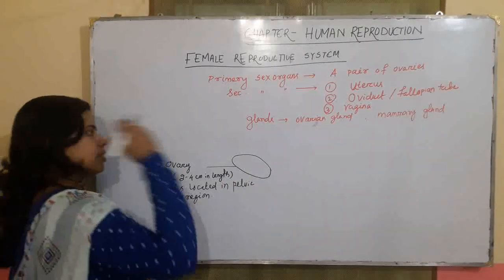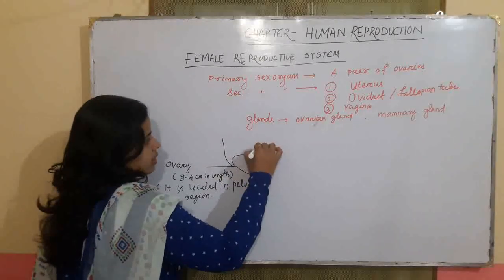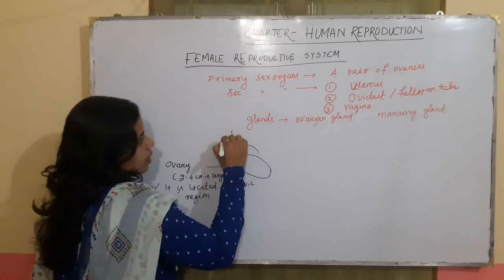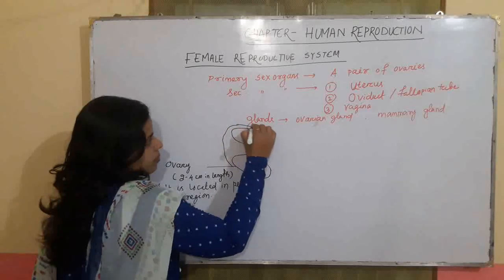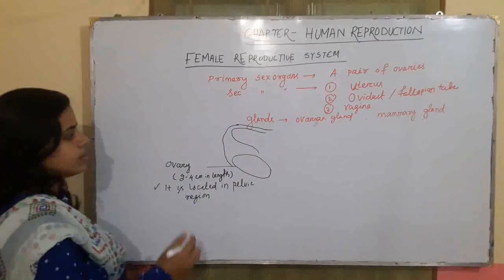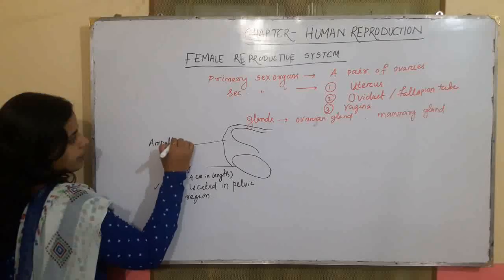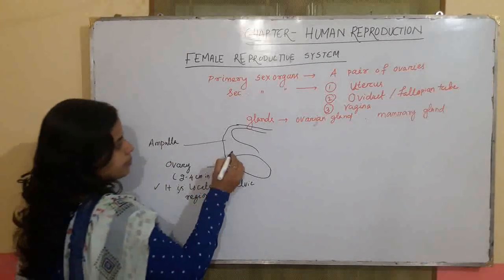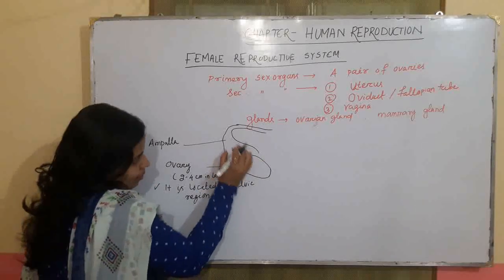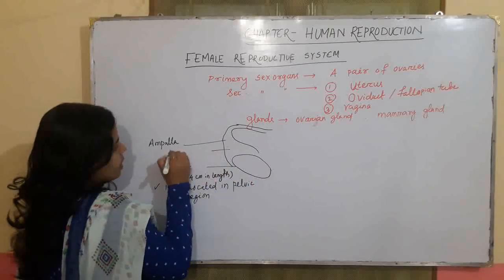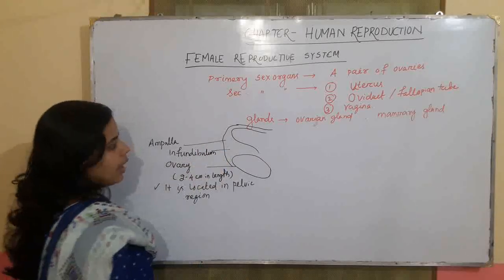After this, there is a swollen-like structure, which is turned in this way. This region is called the ampulla. The swollen part is the ampulla, and the main front part towards the ovary is known as the infundibulum.